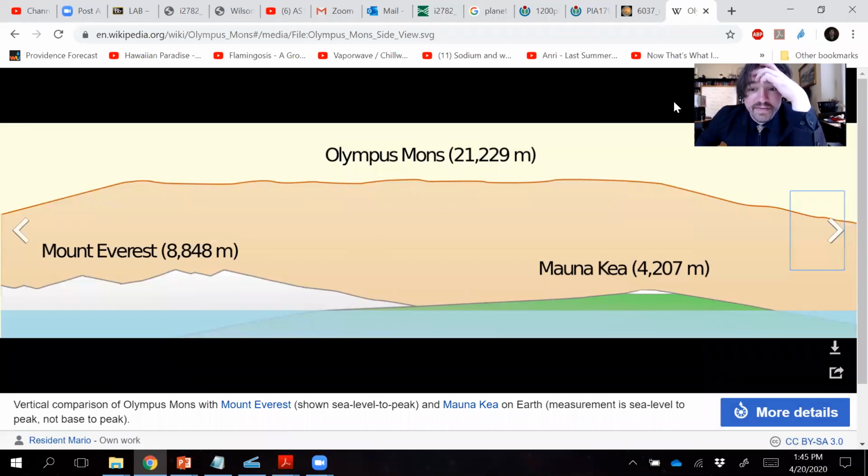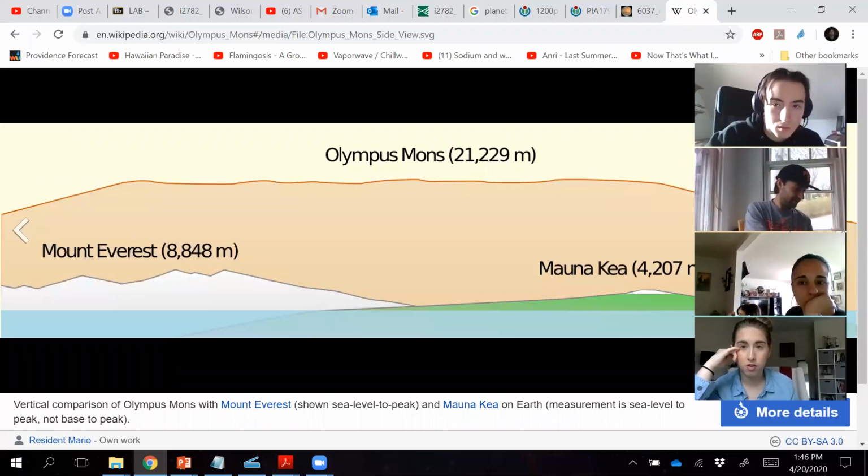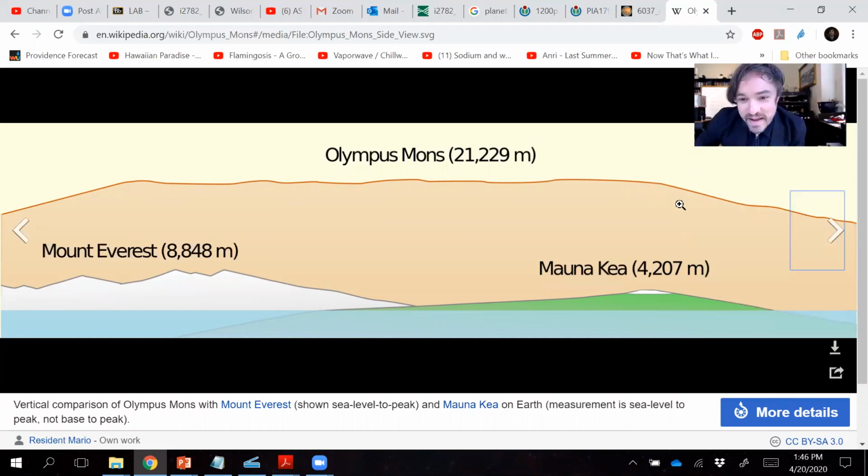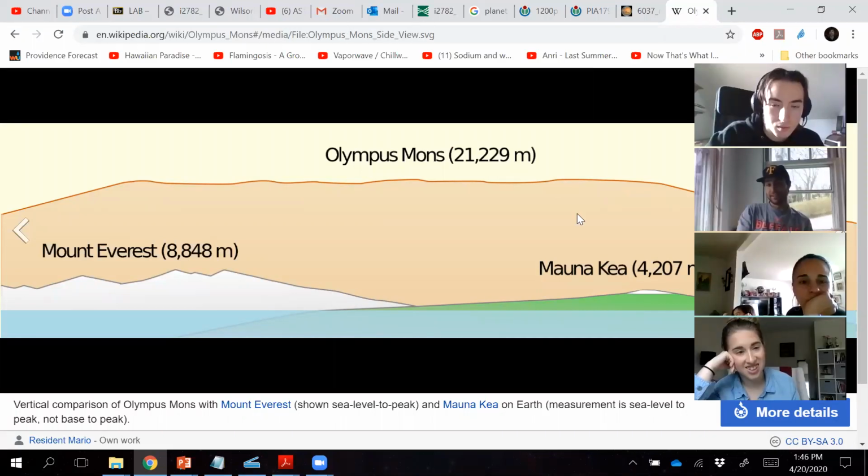Also, look at the height of this thing compared to Mauna Kea and Mount Everest. Olympus Mons is an epic shield volcano. The slope is so gradual that if you were to hike up it, you wouldn't even recognize you were on a hill because the slope is so shallow. It's hard to imagine the sheer scale of this massive volcano. Look how much taller than Everest it is.